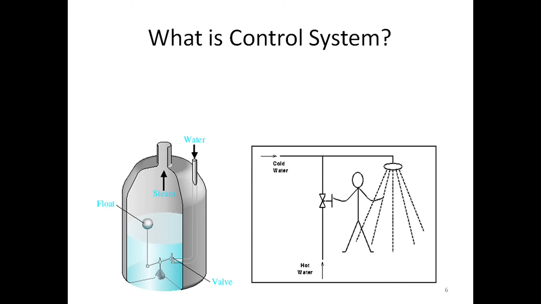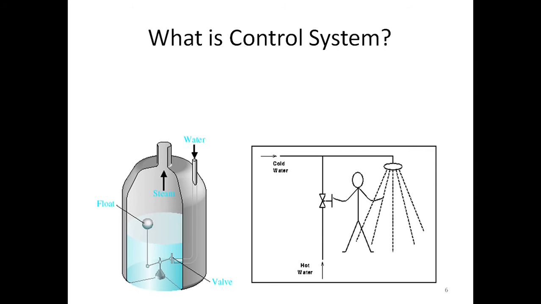What is a control system? First, we will try to understand some daily life examples. While taking a bath with hot water through a shower, normally we adjust water temperature with the help of a knob. Means we control the flow of hot water as per our requirement.